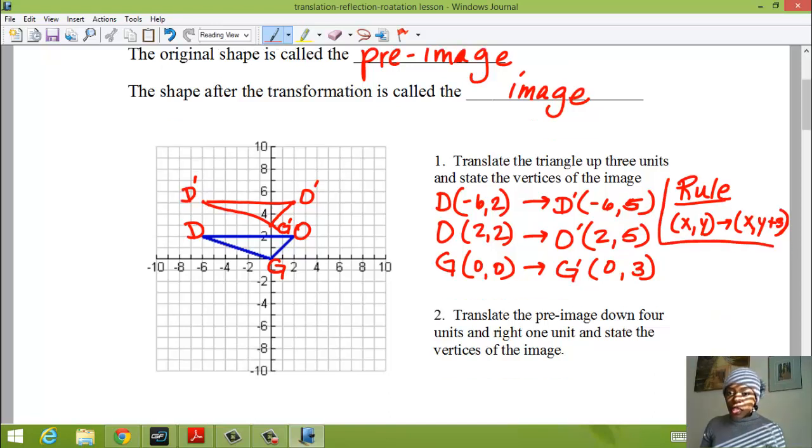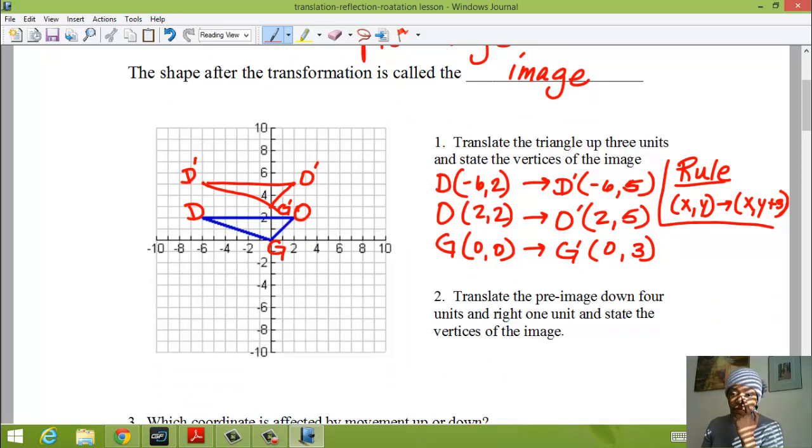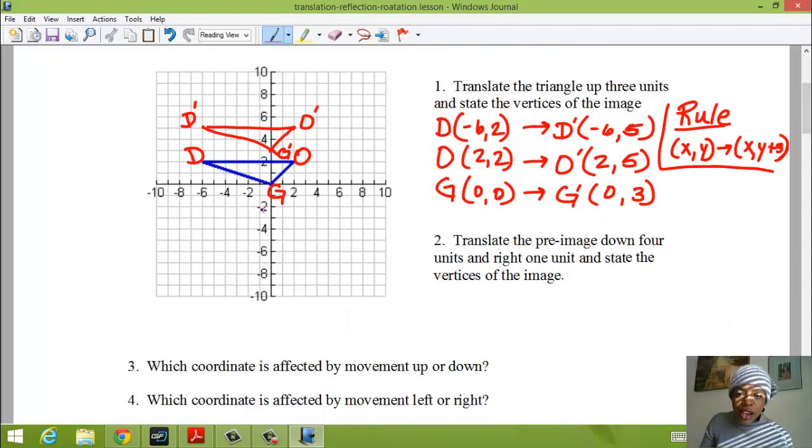Let's look at the second problem here. We want to translate the pre-image down 4 units and right 1 unit and then state the vertices of the image. Okay, down 4 units, 1, 2, 3, 4, right 1.